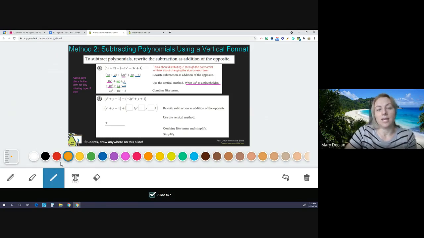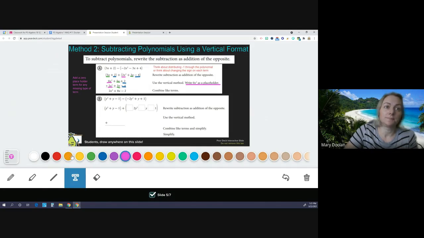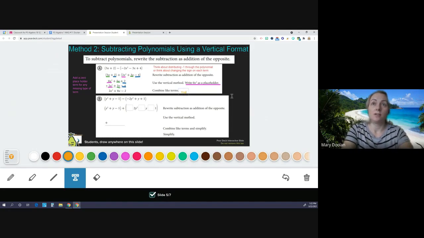It doesn't work that way with polynomial addition. So right here, I'm going to put a little note that you can add each column either from right to left or left to right. It doesn't matter.